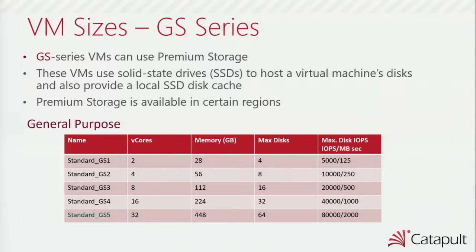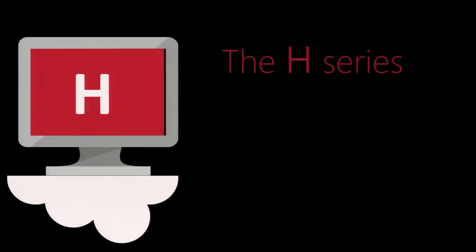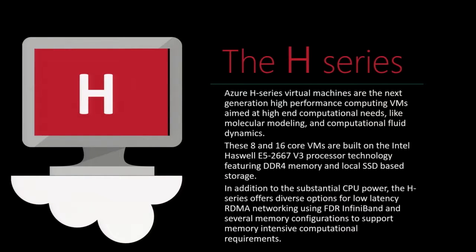You know, a GS5 is 32 core, 448 gig of RAM. You can have a maximum of 64 disks, right, which is a lot. And that's going to give you like 80,000 IOPS. So, you know, there's generally no restriction on power.